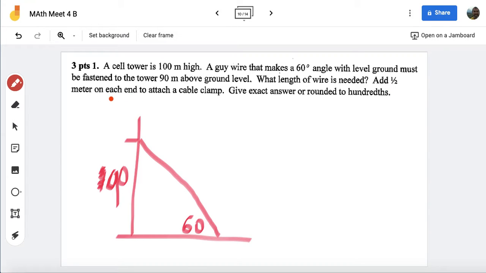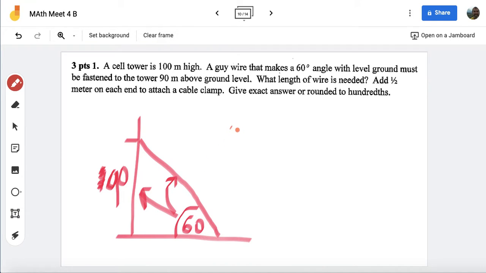Add 1/2 meter on each end to attach a cable clamp. I don't know why they wrote that part. Let's just figure out how long this wire is. We know this is 60 degrees. This is the opposite side, and this is the hypotenuse.